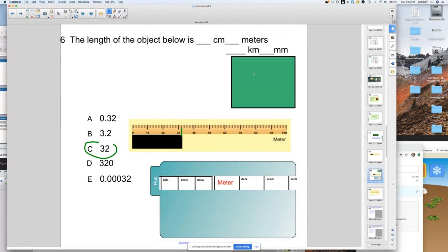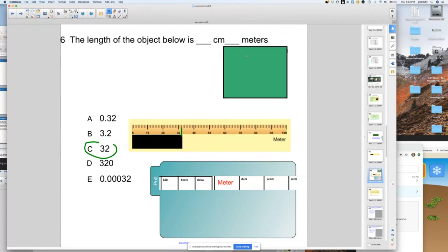We want to change that to, well, first of all, how many meters is that? Which one of these would be the right answer in meters? I don't hear any thinking.